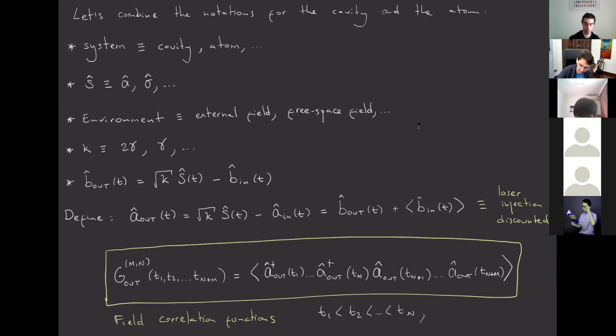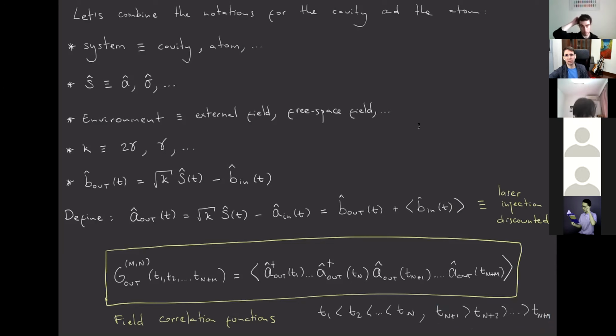So this one is for the annihilation operators, this one for the creation operators, and this one for the annihilation operators. As I said, this is something that we can always do.